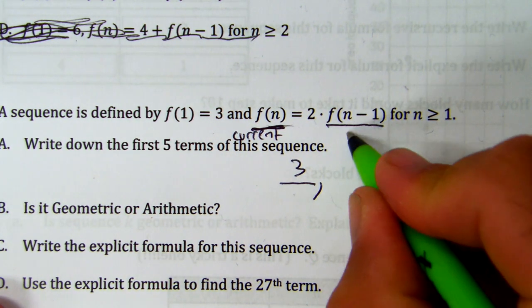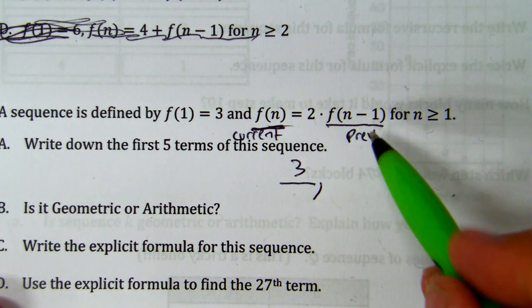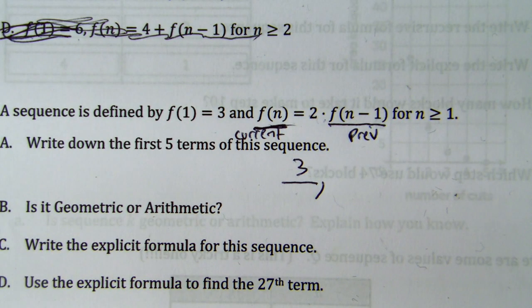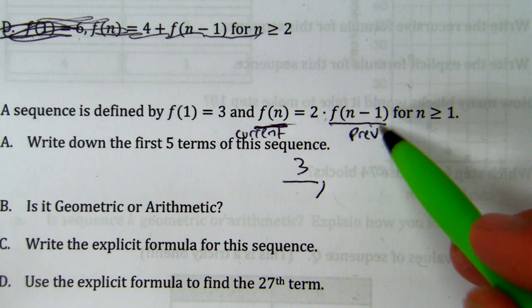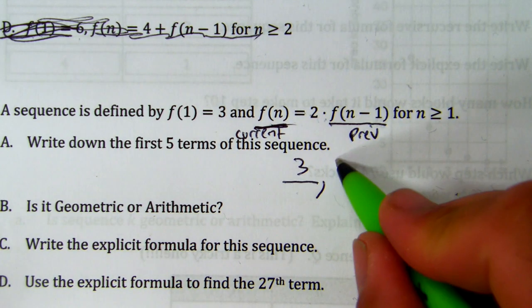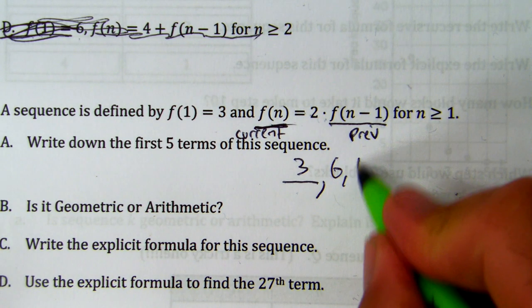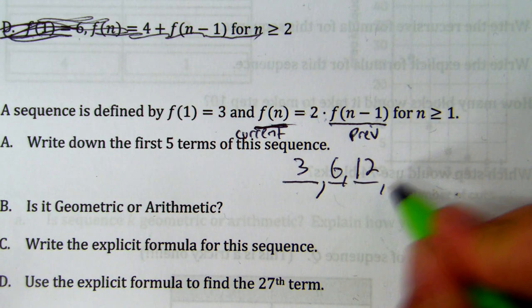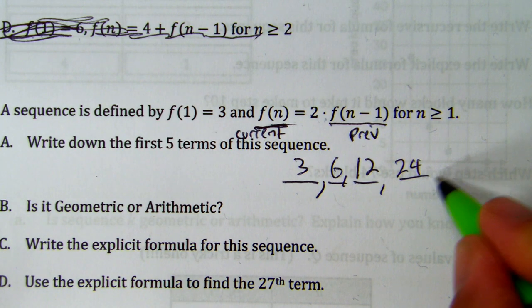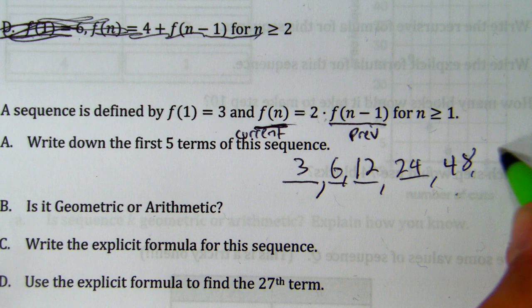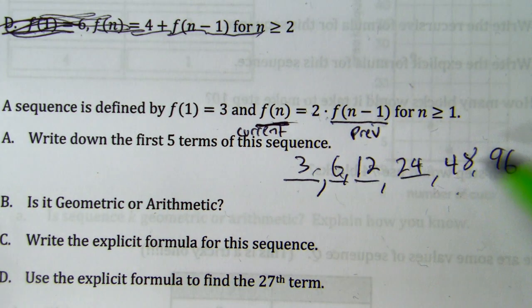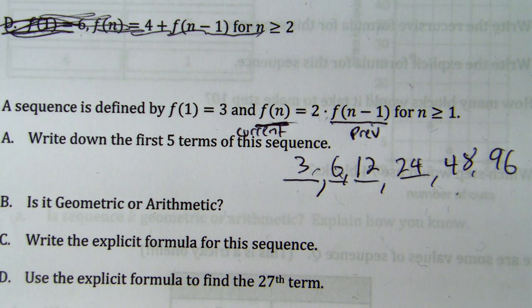This means previous term. Well, take the previous times 2, it looks like. So if I take the previous term times 2: 6, 12, 24, 48, 96. I guess I did 6 terms there.